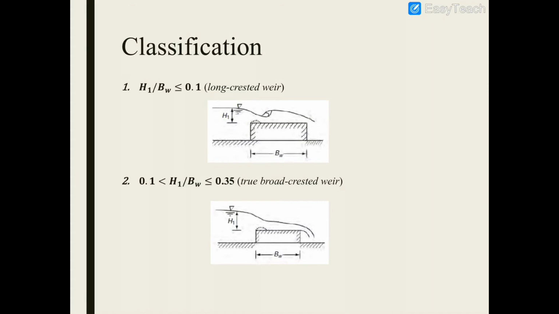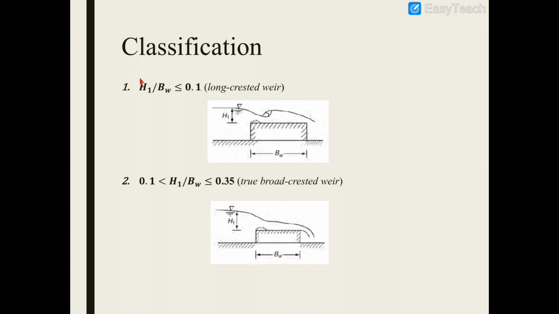Now we come to the classification of the flow over a broad crested weir. Based on the value of H1 upon Bw, the flow over a broad crested weir with an upstream sharp corner is classified in various categories.